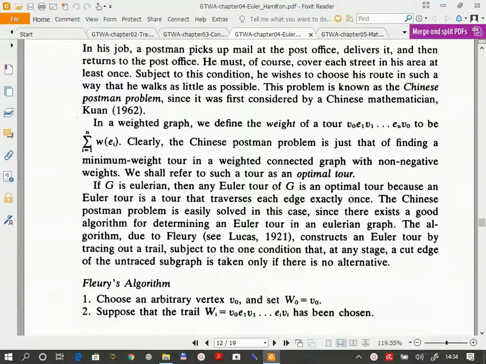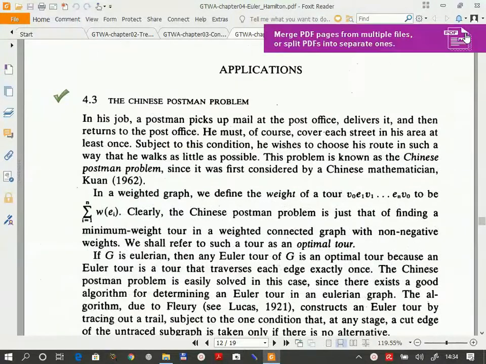What's the problem? For a postman, the important objects are streets, not crossings of the streets, because the postman has to go through all streets to deliver the post.